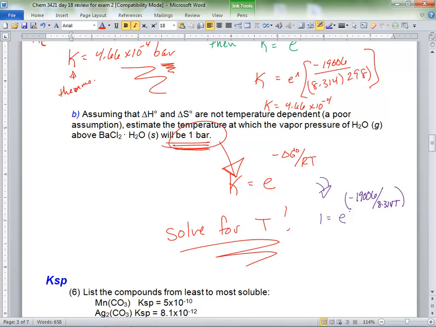Can't take the natural log of 1. Ah, shoot, you get 0. But you can't take the natural log of 1. You get 0. One bar. So it'd be like K chemical bonds.